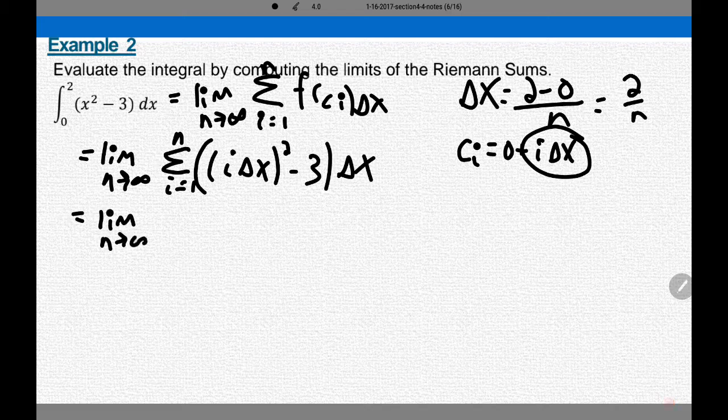Our summation can be split up. So here I've got i squared delta x squared, and then I've got it times another delta x. So I can actually do i squared delta x cubed minus, and then this one would be 3 delta x.